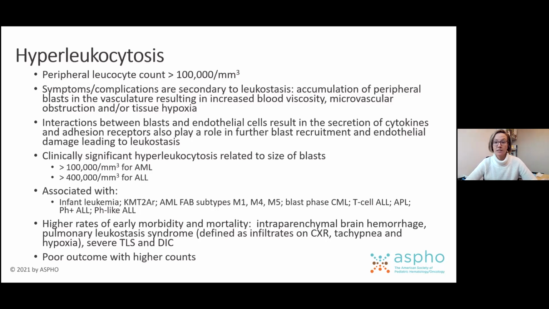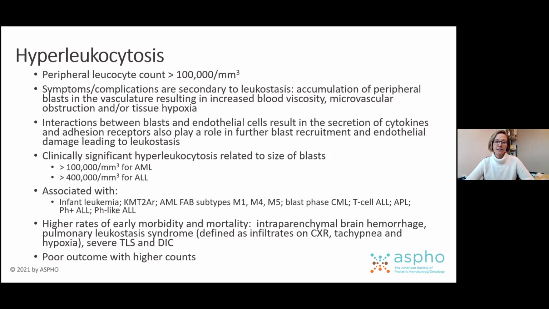Hyperleukocytosis is associated with specific subtypes of leukemias, specifically infant leukemias and KMT2A rearrangements, AML subtypes FAB subtypes M1, M4, M5, patients who are in blast phase with CML, patients with T-cell ALL or APL, and patients with pH positive or pH-like ALL all have higher rates of hyperleukocytosis.